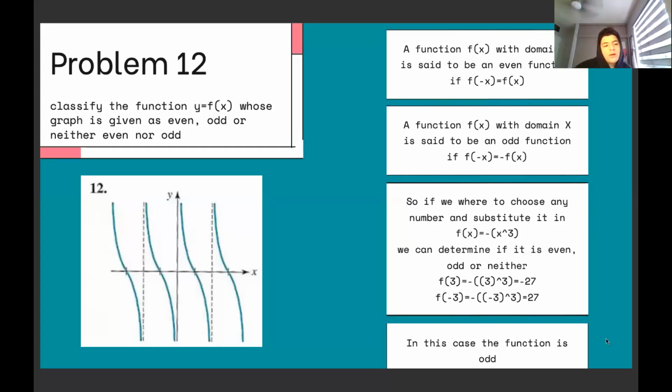Here we are to determine if the function is even, odd, or neither. But I had a question. Using the chart of the types of functions, we know this is x to the 3, but because it's going to the opposite side, it's -x to the 3.